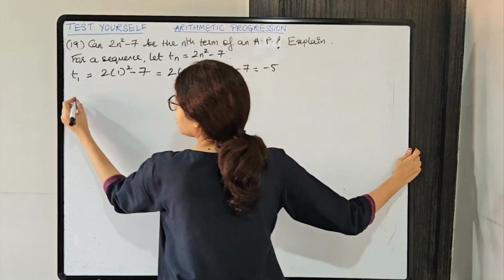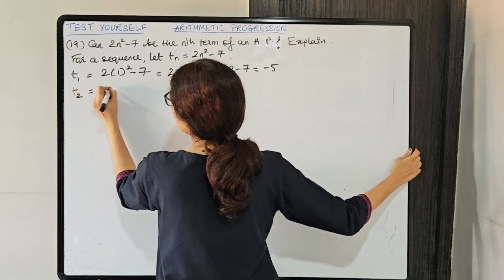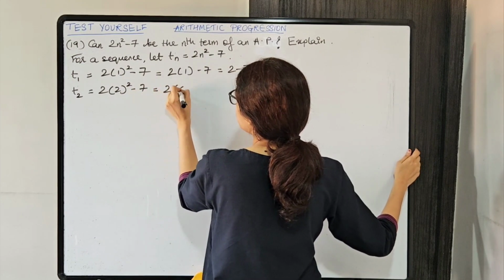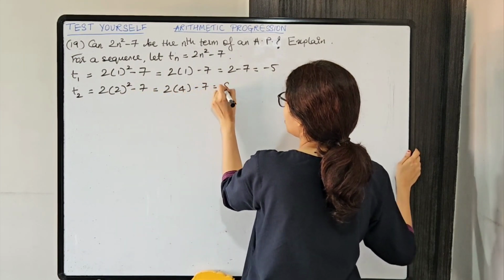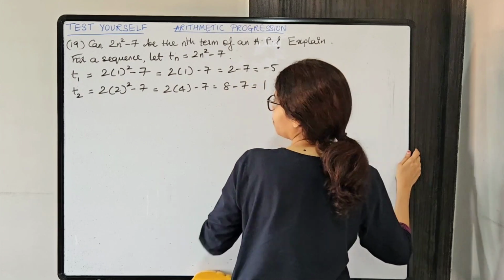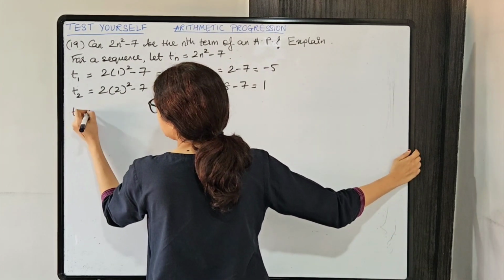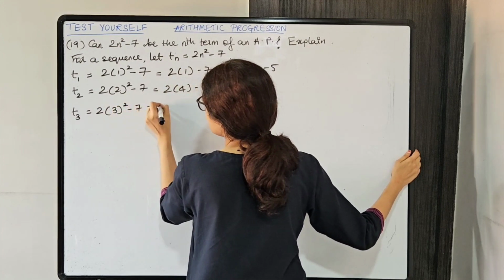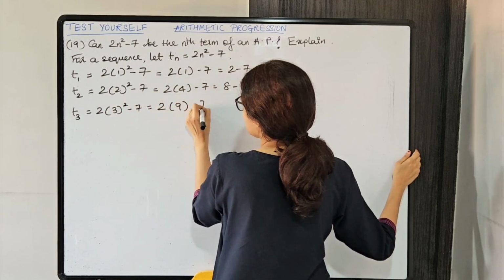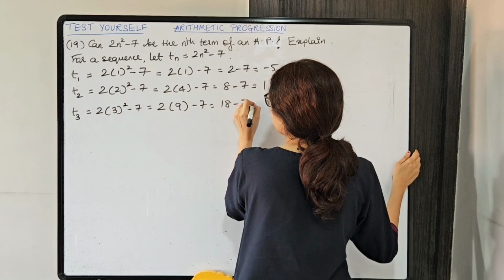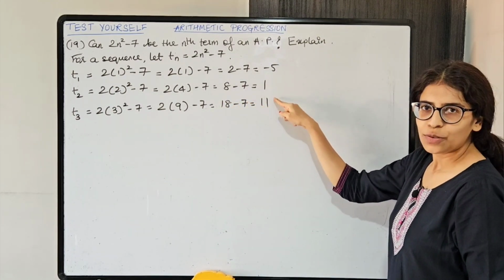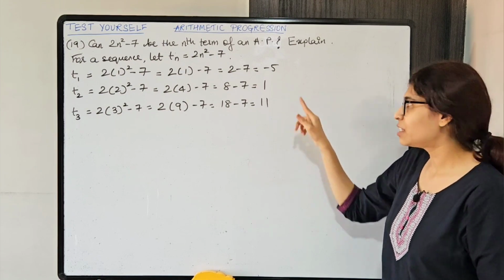Okay, T2, 2 into 2 square minus 7, that is 2 into 4 minus 7, that is 8 minus 7, 1. T3 will be 2 into 3 square minus 7, that is 2 into 9 minus 7, that is 18 minus 7, 11 हो गया.